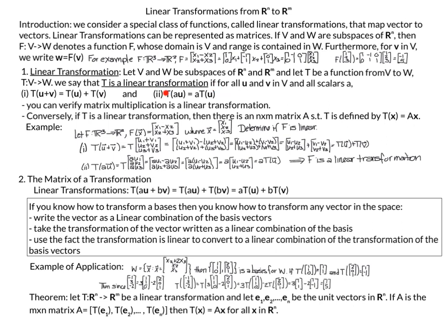And two, the transformation of a scalar multiple times a vector is equal to the scalar multiple of the transformation of the vector. And we did several examples to show different transformations that were linear and transformations that were not. And when they were not, they didn't satisfy one or both of these conditions.